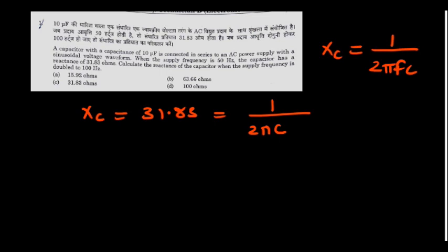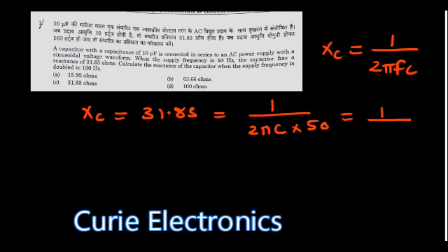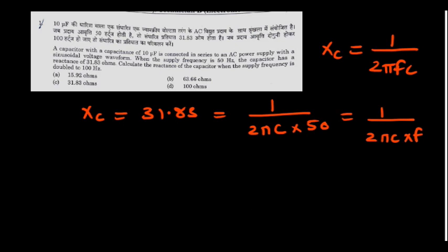Capacitance remains the same, and the frequency was 50. Now he has changed the frequency to 100. Then what happens? Instead of 50, I will write it as F, that is 1 upon 2 pi C F, for which we have the answer 31.83.